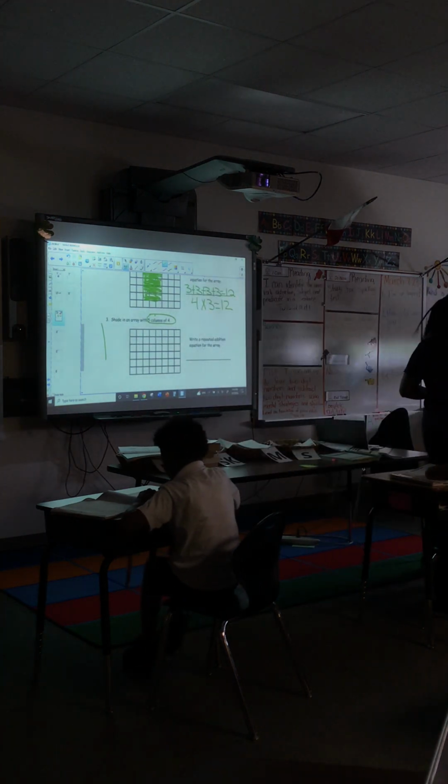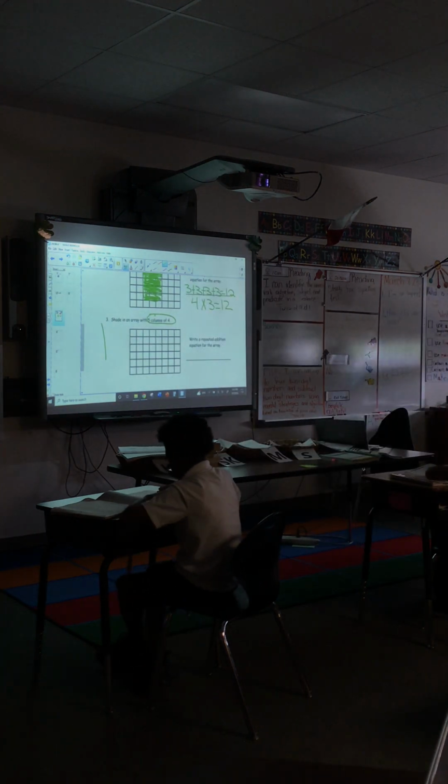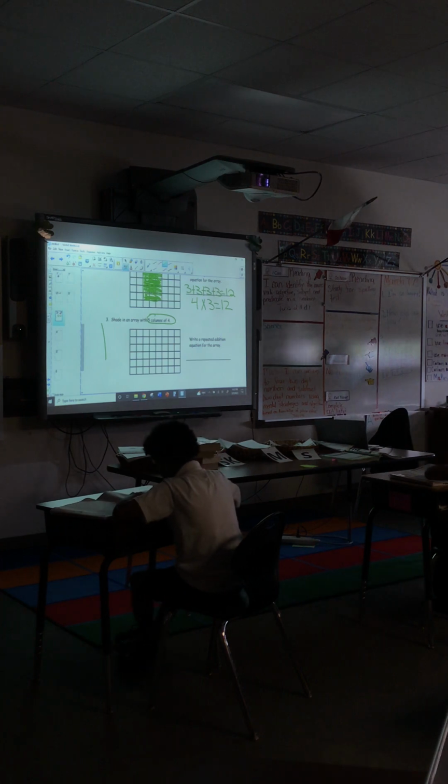It says 5 columns of 4. Very good, Maya. 5 columns of 4s. Turn it back, I can't see. You're going too fast for me.